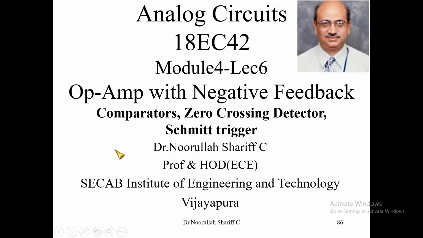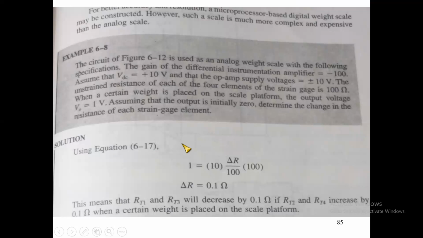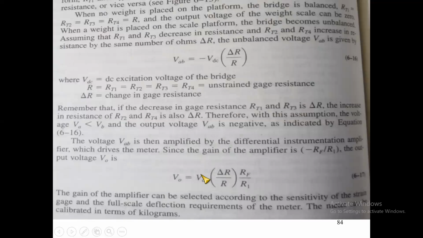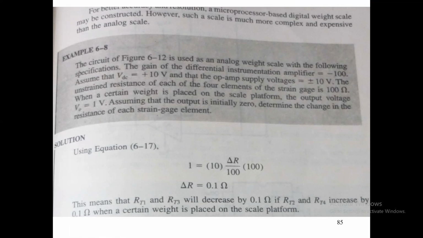So using this equation which we have written over here, V0 is equal to VDC into del R by R into RF by R1. We can just write RF by R1 is 100 given to us, VDC is given as 10 volts, the output voltage is given as 1 volt, and the value of the resistor is also given as 100 ohms over here.